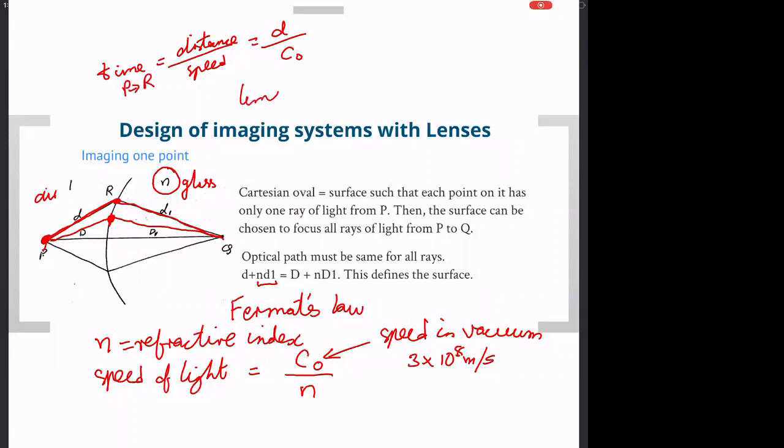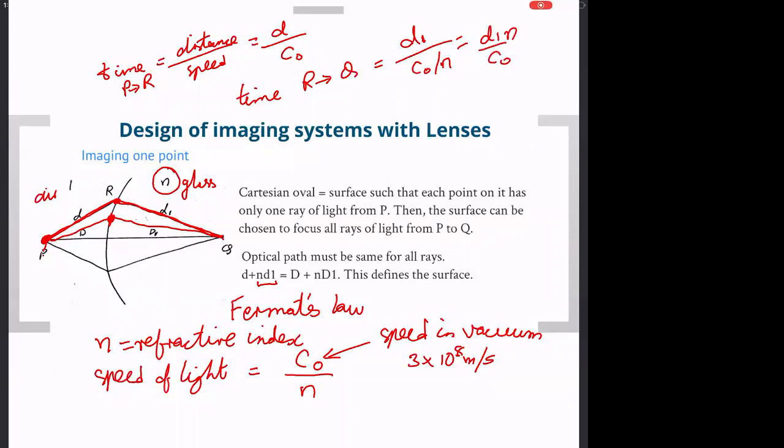The time going from R to Q is d1, which is the physical distance that the photon travels from here to here, divided by the speed. Now speed, as I told you, is c naught over n, right? Because it's slowed down in the glass. So this is d1 n over c naught.